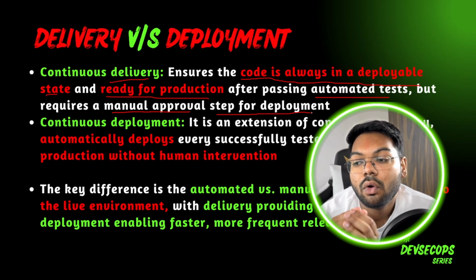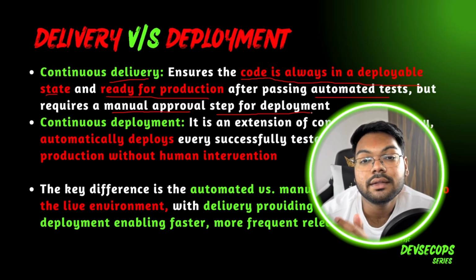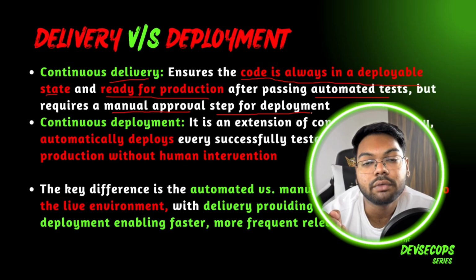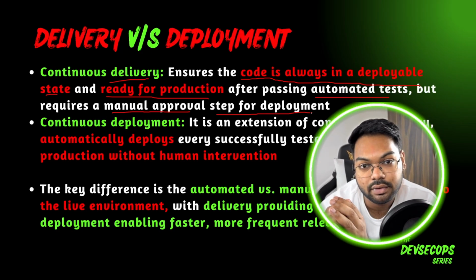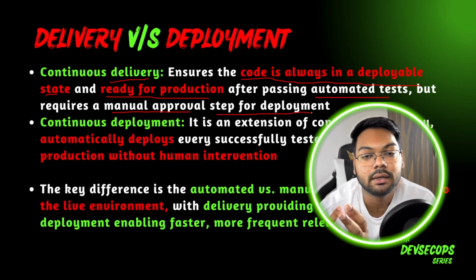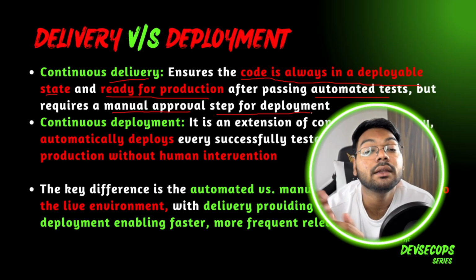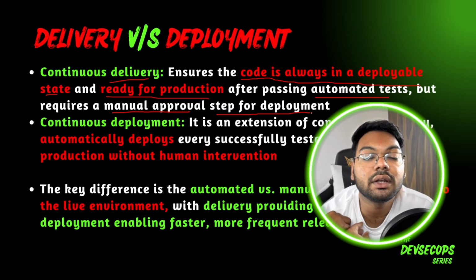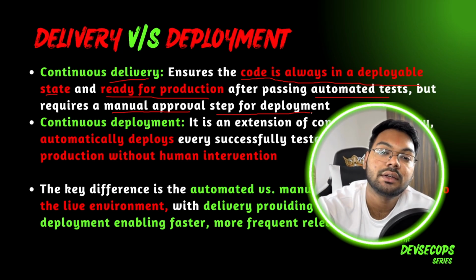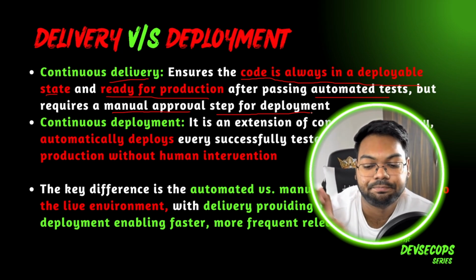Before releasing the code base to customers, what we need to do is make sure that whatever code I have is properly built, properly tested, and in a deployable state. Let's say I want to release it on October 10.